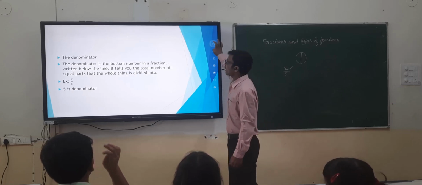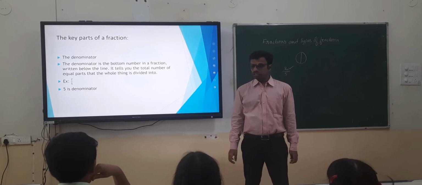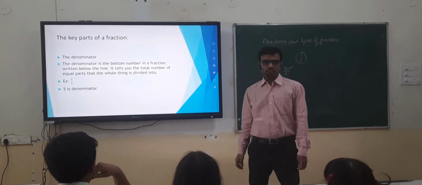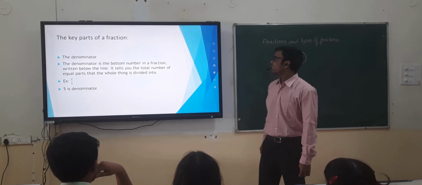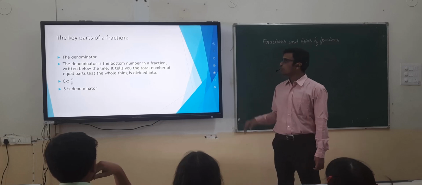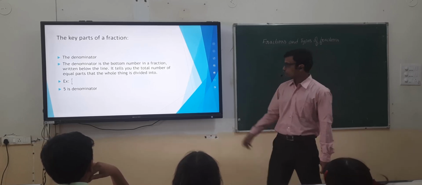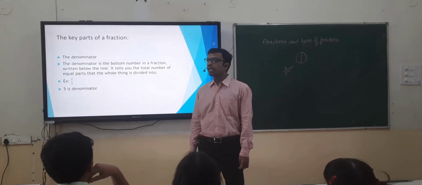And then the second key part is what? Denominator. The denominator is the bottom number in a fraction. It is written below the line. It tells us the total number of equal parts in the whole. For example, the same one, 2 by 5.